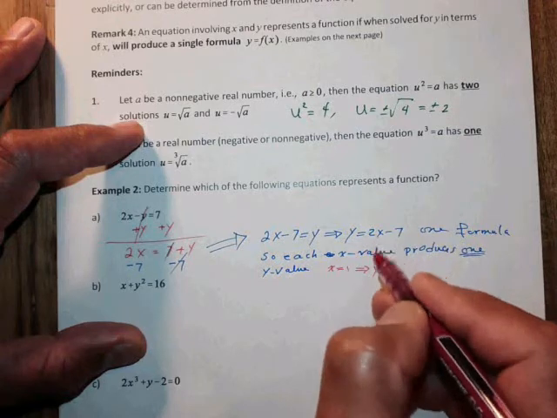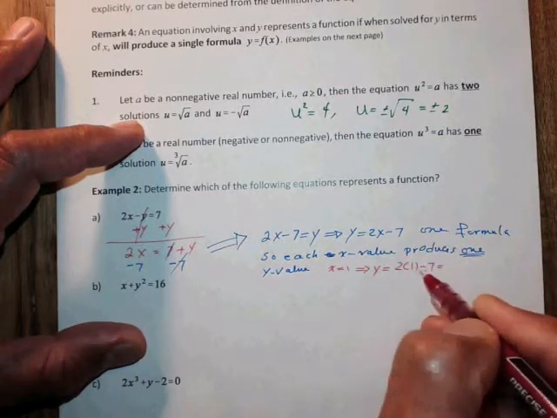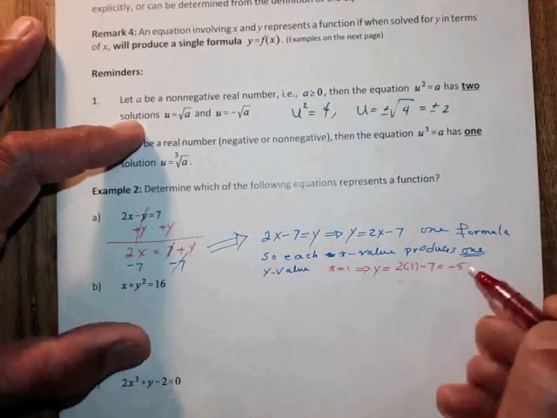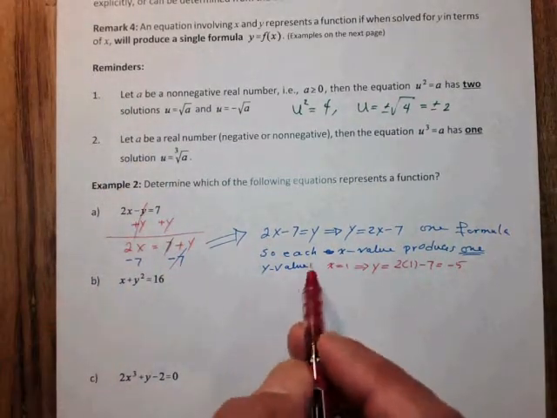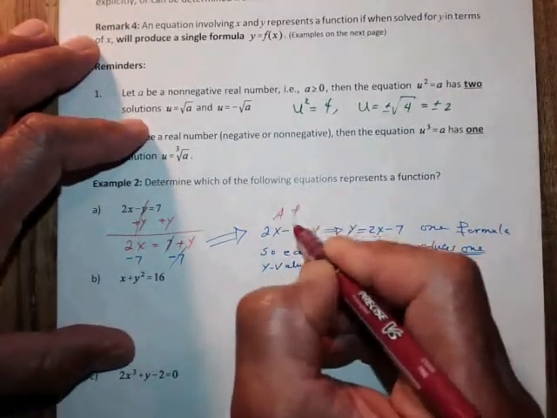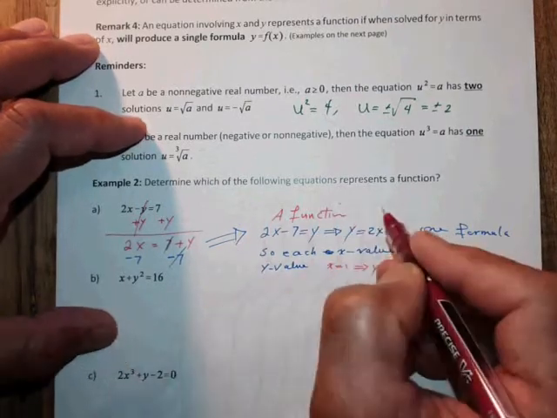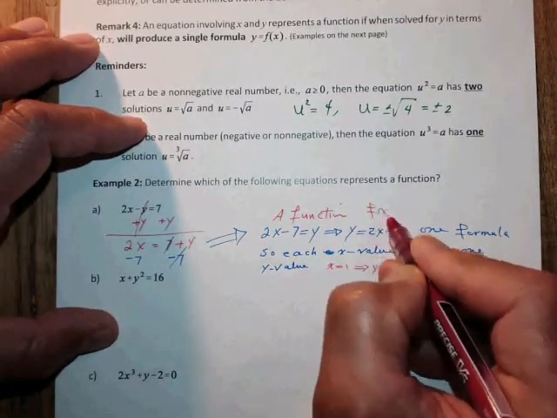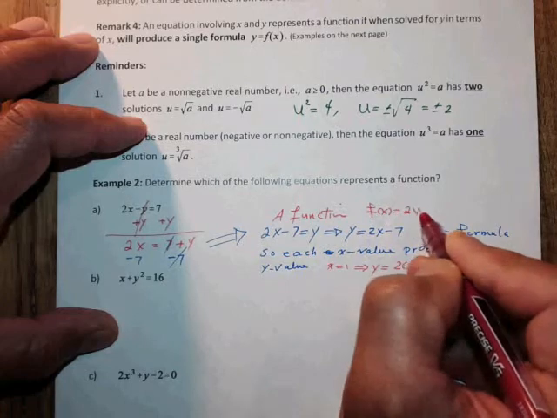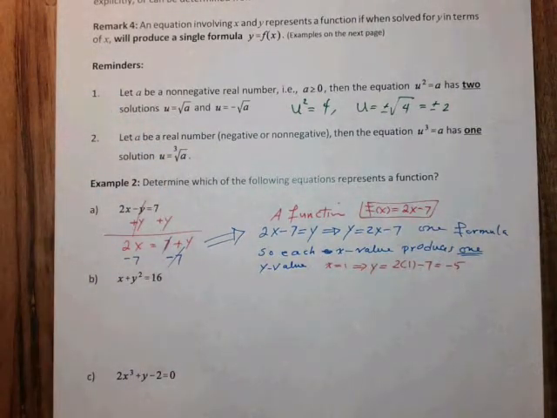So I put 1 for x, I get 2 times 1 minus 7, so you get minus 5. So if I choose any x value, you get one value. So this is a function. So I call it f of x equal to 2x minus 7. See? Now let's look at the second example.